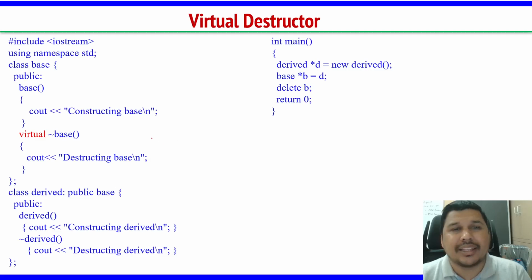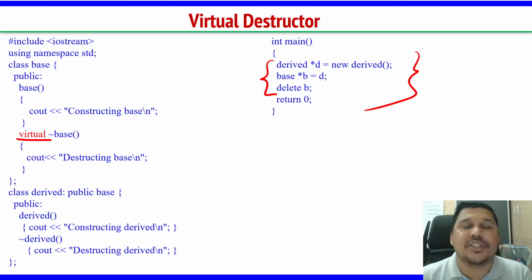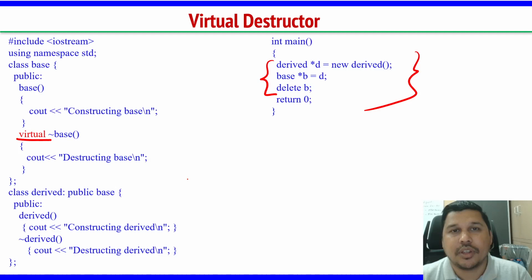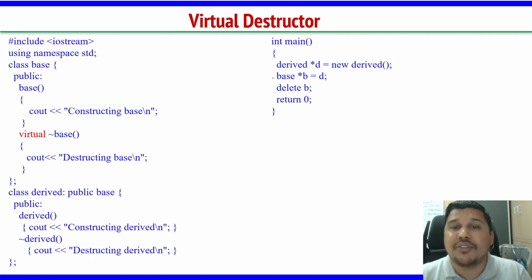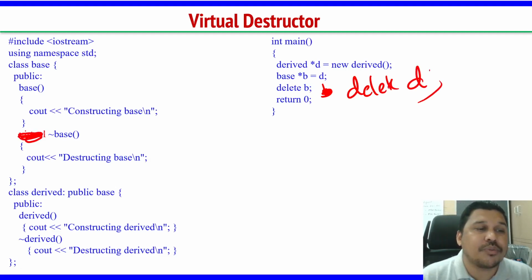Okay, so this concept exists. If you really ask where this is used, if you don't use dynamic memory allocation, you need not create a virtual destructor. But if you are creating that way, you definitely have to have a virtual destructor in the base class. Otherwise, if I had written this program as base star B equal to D, delete B, and also written delete D, then there is no need for this.